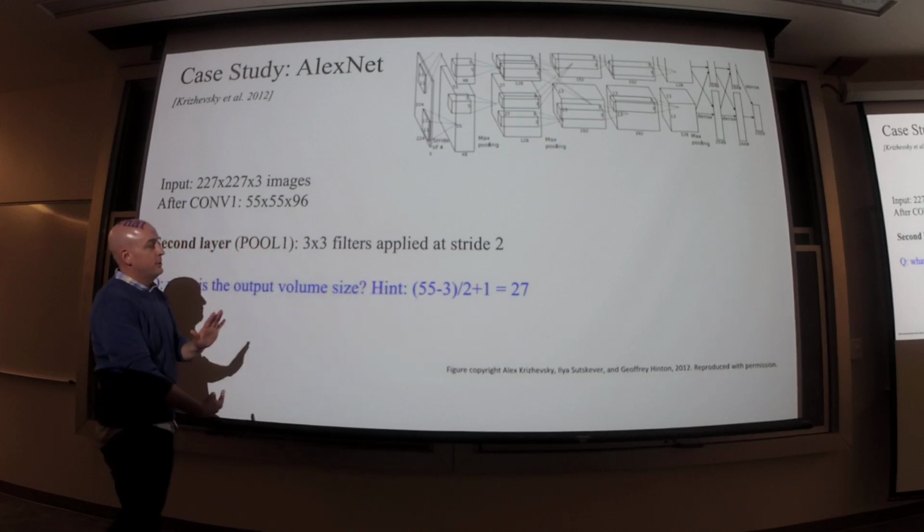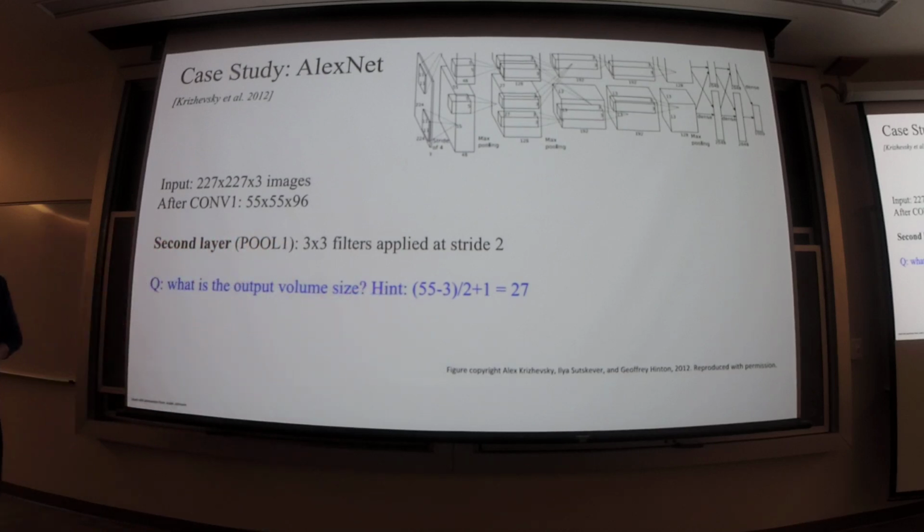We have 3 by 3 filters applied with stride 2. In this case, because we're starting at 55 by 55, this goes to 27. So what's the output size? You know what the spatial extent is, right? 27 by 27. So the question is, what's the depth?